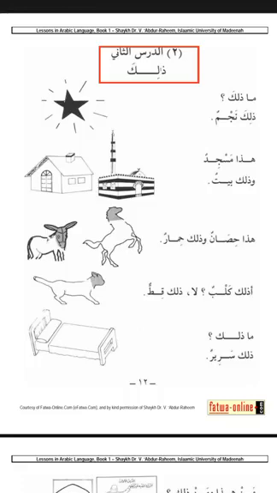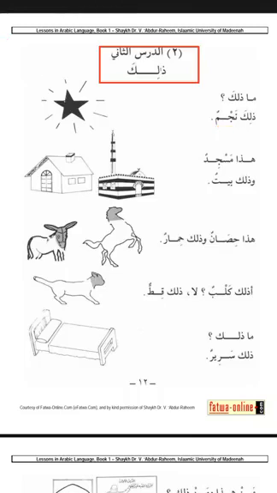We know the meaning of ما as what, and we know the meaning of ذلك now as that. So now, ما ذلك, what is that? ذلك نجم, that is a star.